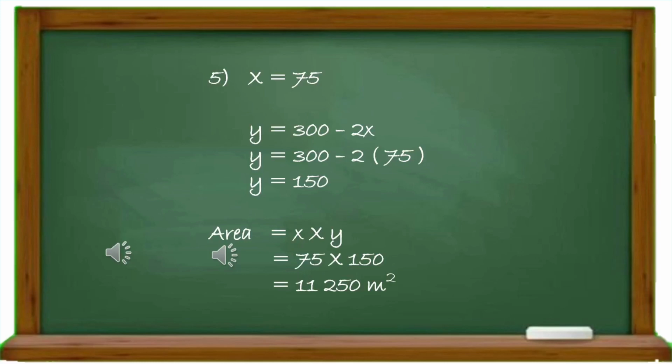So calculate, we get 11,250 meters. So what we can conclude here is the largest area that can be enclosed is 11,250 meters squared. So the largest area is the rectangular area that can be enclosed, and that is the area.